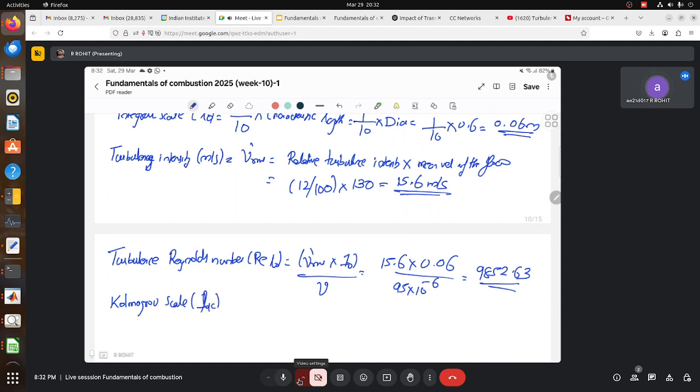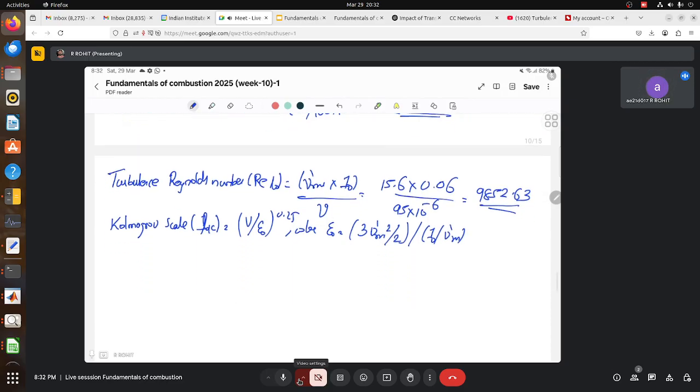The next thing to find is the Kolmogorov scale. That is Lk, which can be written as mu cubed by epsilon, whole to the power 0.25, where epsilon is 3 times Vrms squared by 2 divided by the integral scale over Vrms. If you substitute it here, you will get 3 into 15.6 squared by 2 times 0.06 by 15.6.